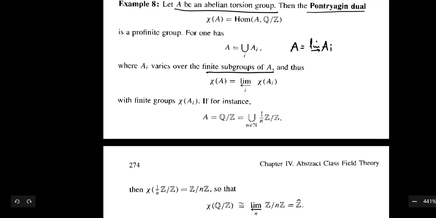By inclusion, finite subgroups. No, sorry. It's just a collection, the union of all the finite subgroups.